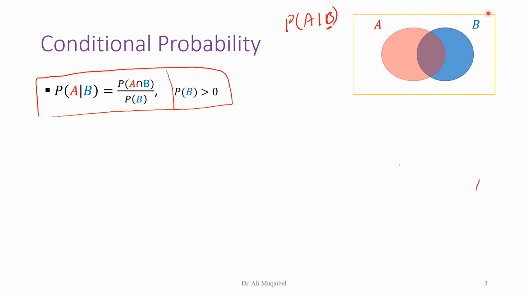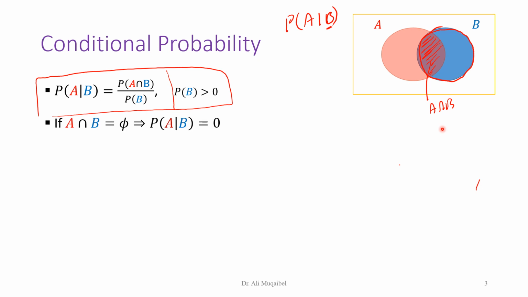So our space now, our universe, will not be this big square. It's rather going to be everything inside B, because we are conditioned on B. This is our universe. So we want to know what is this probability compared to the entire circle. We know that this is A intersection with B, and that's B. And this is why, when we look at the equation, we divide the probability of the intersection by the probability of B, because our universe now is becoming B. Everything is measured relative to B.